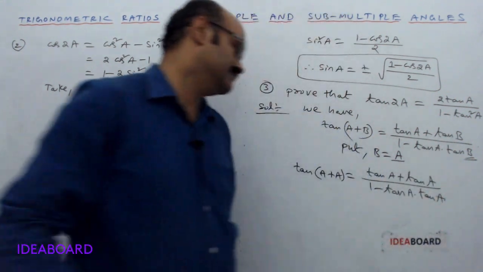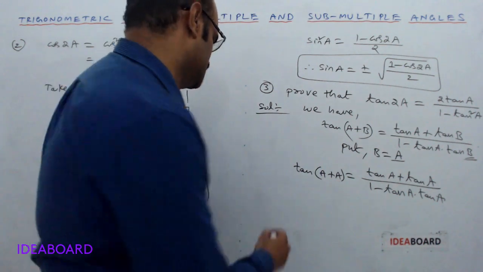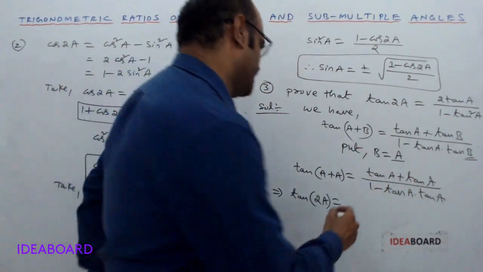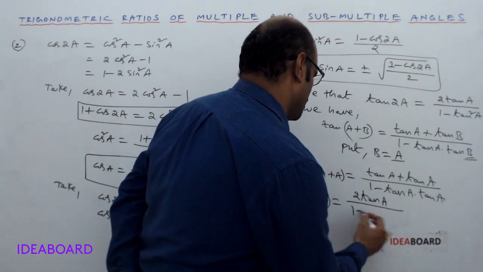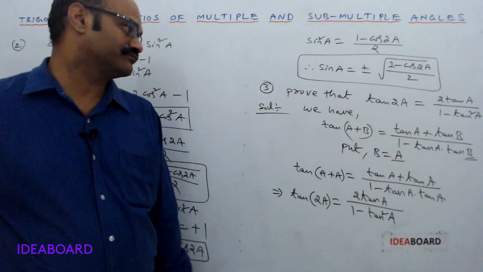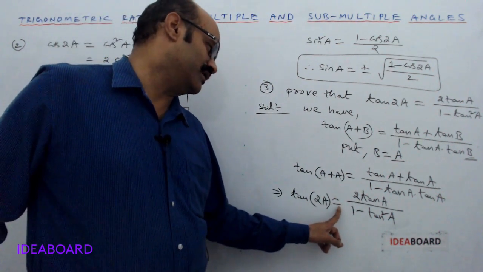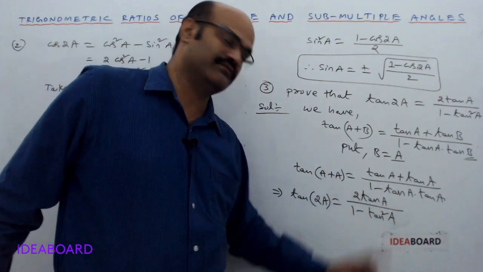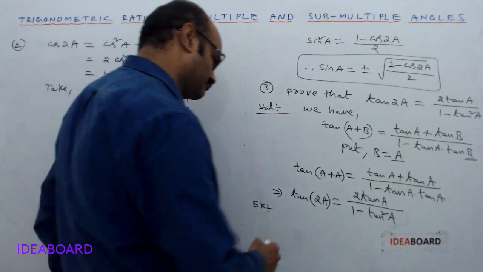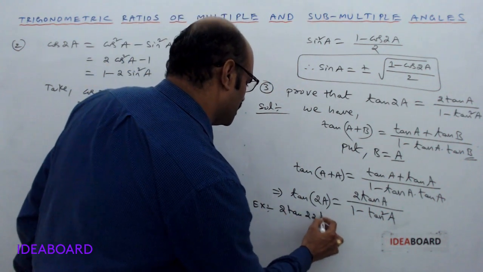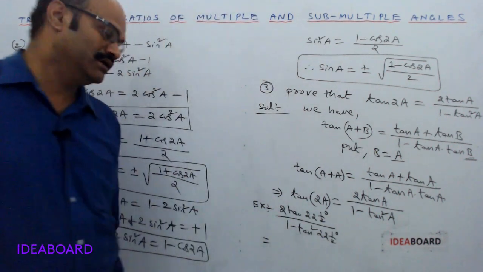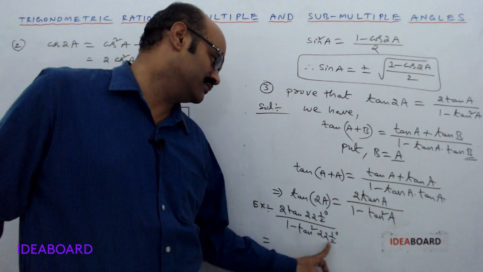So tan A. A plus A equal to 2A. It implies tan of 2A equal to (tan A plus tan A), which is 2 tan A, whole by 1 minus tan A into tan A, which is tan square A. Therefore, tan 2A equal to, the formula is 2 tan A by 1 minus tan square A. Example: 2 tan 22.5 degrees by 1 minus tan square 22.5 degrees is in the form of 2 tan A by 1 minus tan square A, so equal to tan 2A.